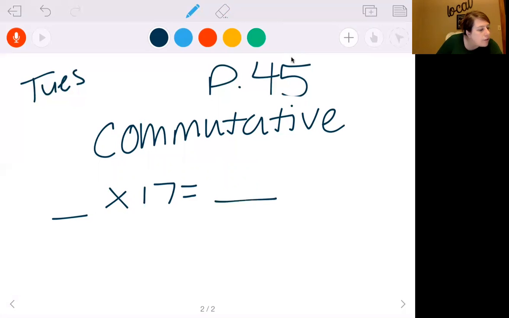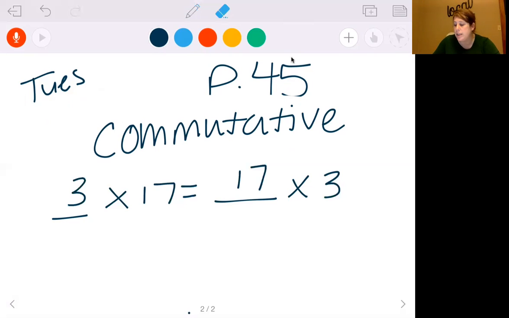They make this so difficult in the book. Hold on. Blank times 17 equals blank times 3. Okay, we got it. So commutative, we just switched the order. So on this side, I'm missing a 3, and on this side, I'm missing a 17. Okay, so all you're doing is looking at what numbers are missing on each side and putting them in the blanks. Okay, so that's what you're doing today.